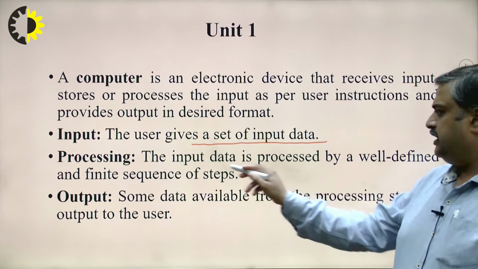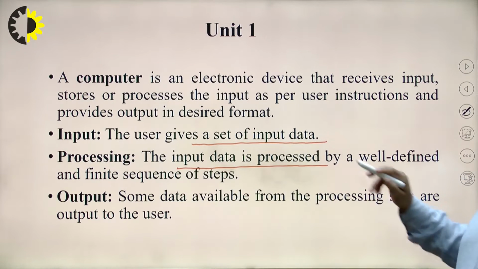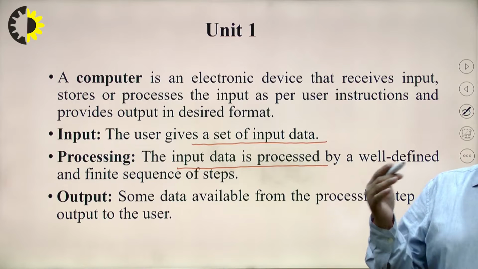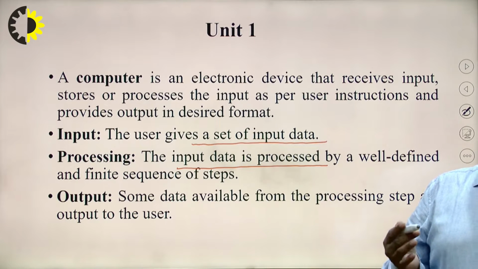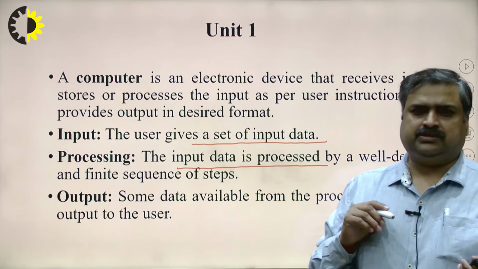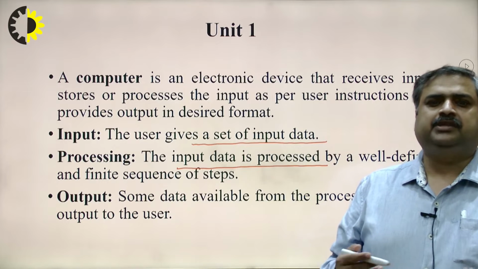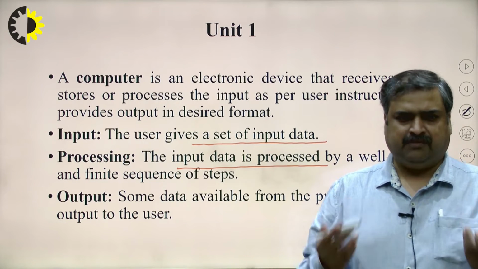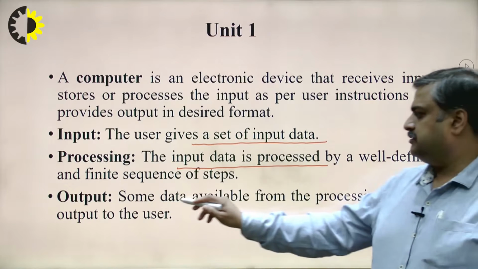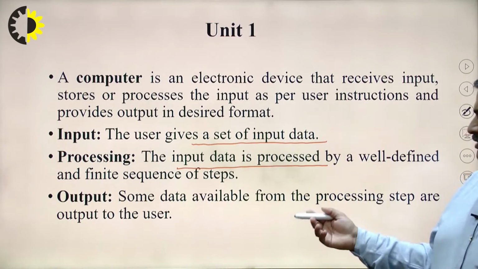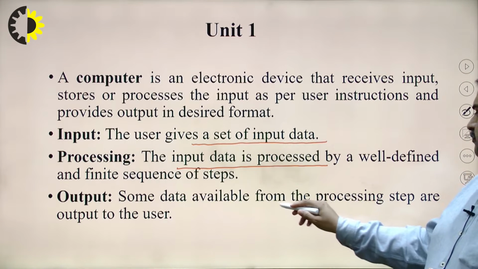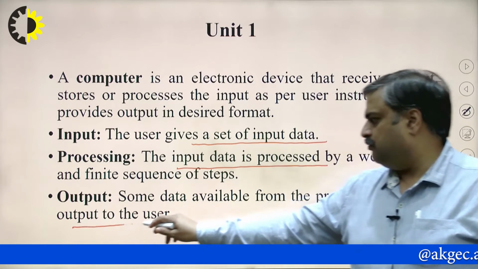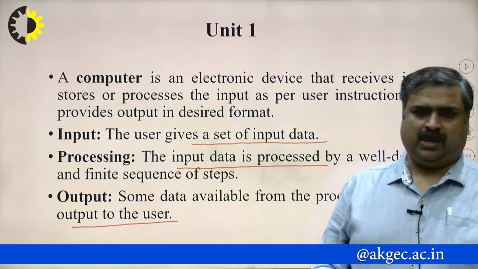The input data we have given is processed by a well defined set of instructions in a particular sequence, which are written by the programmer. So it needs a programming language, and the output is made available from the processing steps and given to the user, in whatever format the user requires.